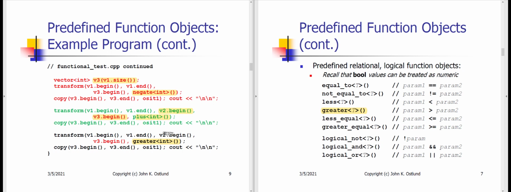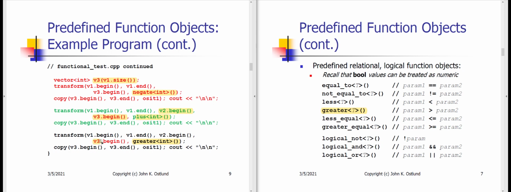Now, greater actually returns a Boolean, but we are storing that into V3, which is a vector of int. And that's fine, actually, because if you take a Boolean value of true and store that into an int vector, true becomes 1. On the other hand, if you take a bool value of false, that becomes 0.